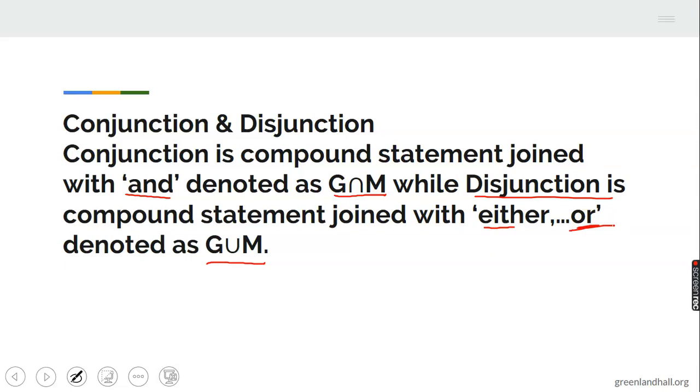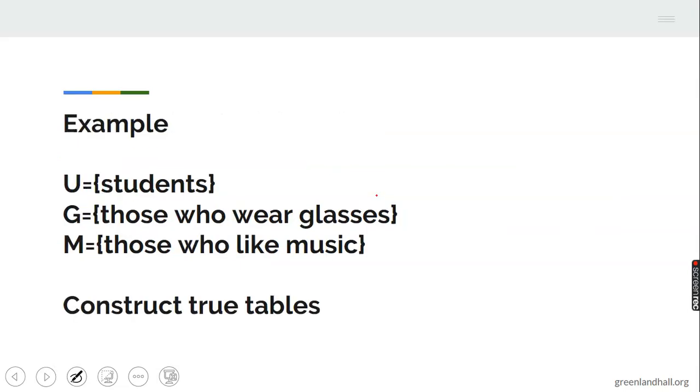While conjunction, you have "and", and that is intersection.